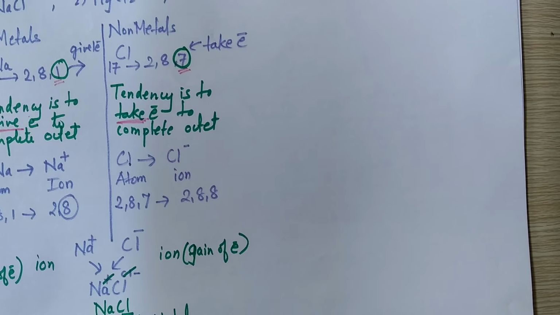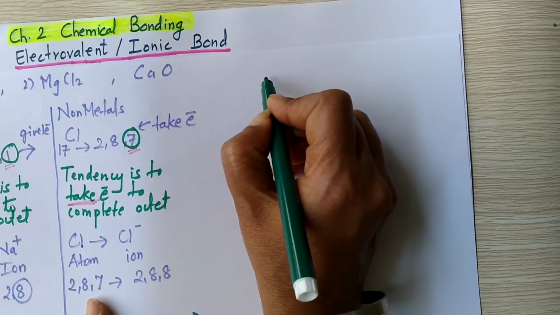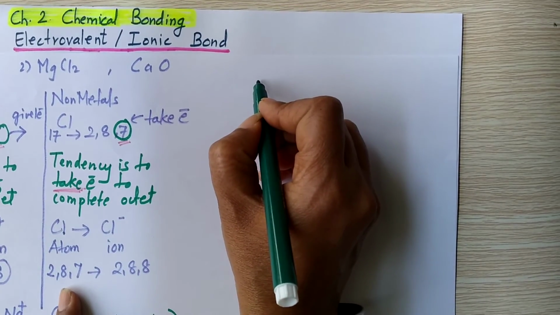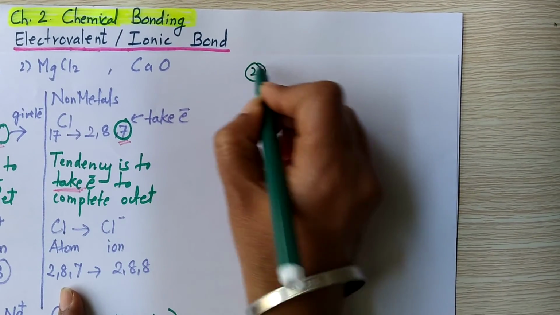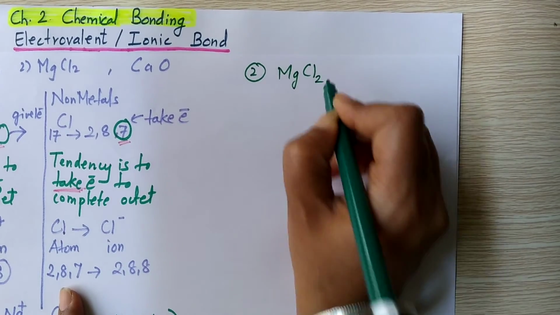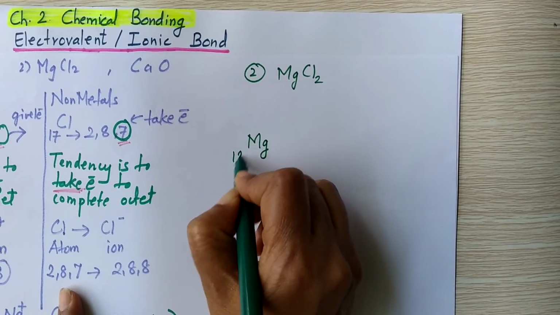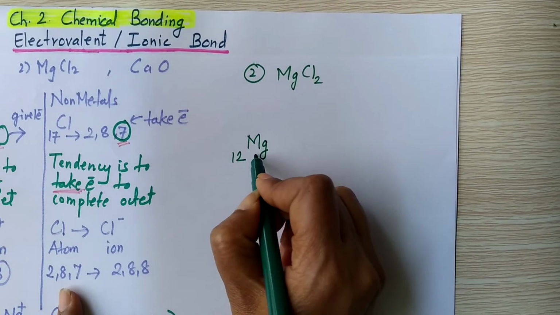Now let us take the next example, magnesium chloride. Magnesium is having 12 atomic number.